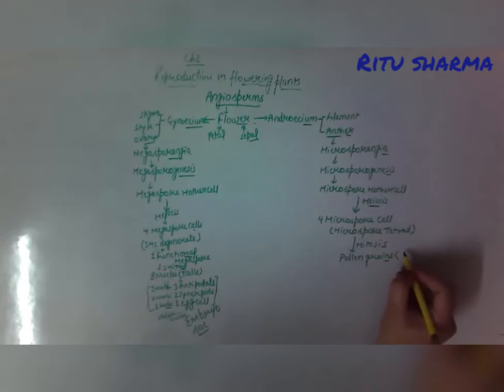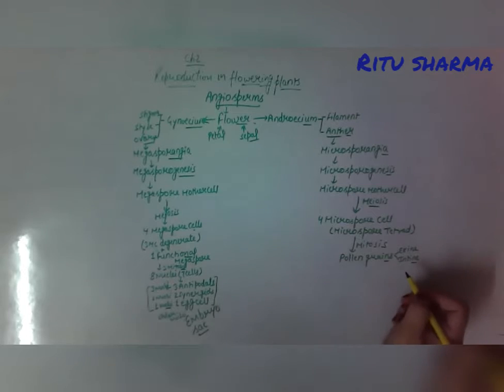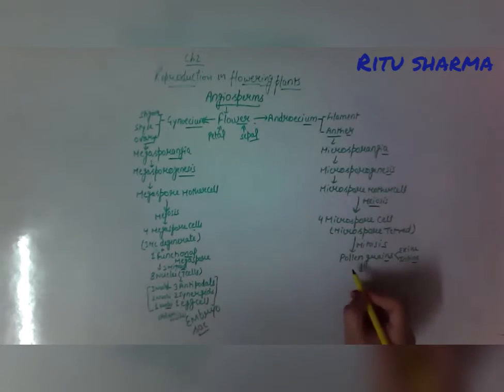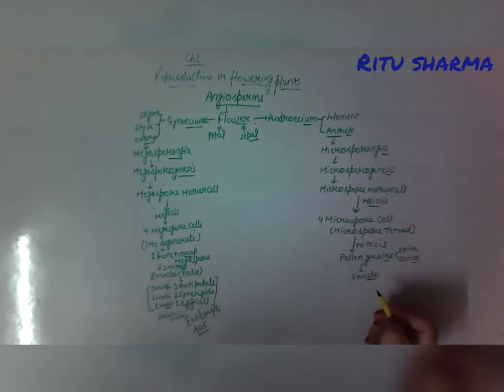A pollen grain consists of an outer exine and an inner intine membrane to protect itself. After dehiscence, in angiosperms the pollen grain consists of 2 male gamete nuclei.